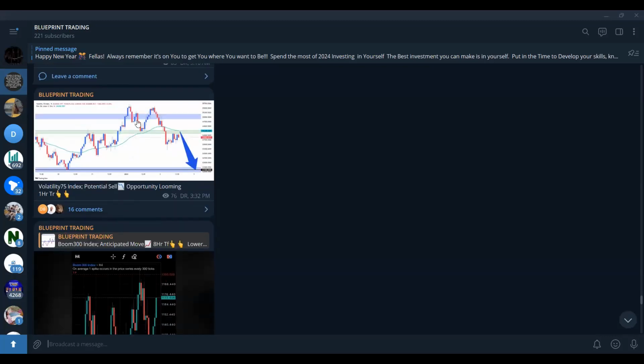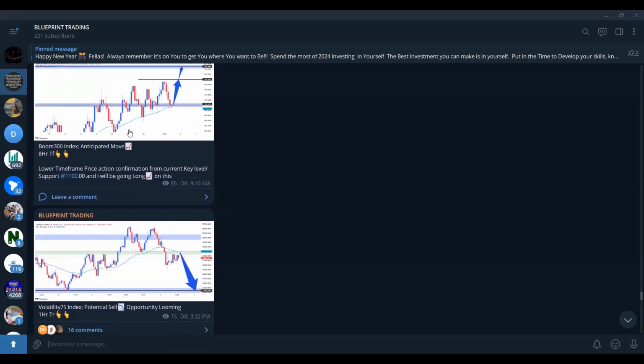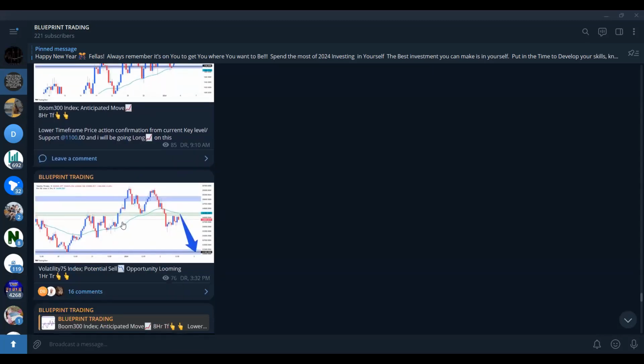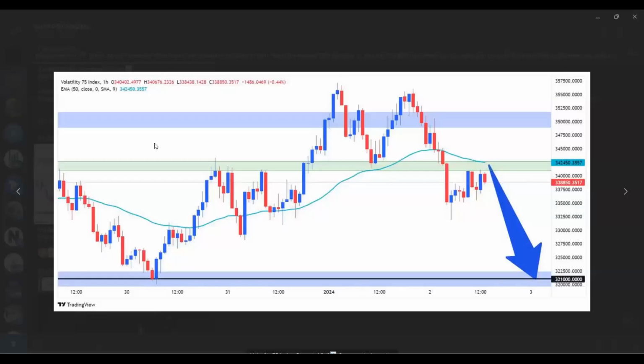All right, for sale, as you can see, January 2nd, where I said volatility 75 index, potential sell opportunity looming. This was the initial setup.